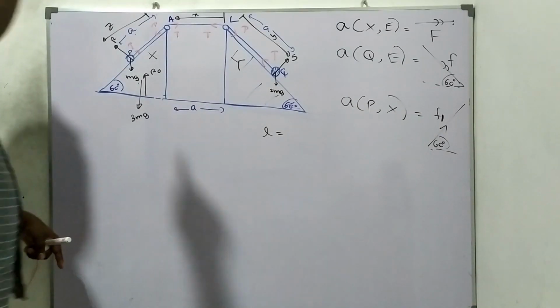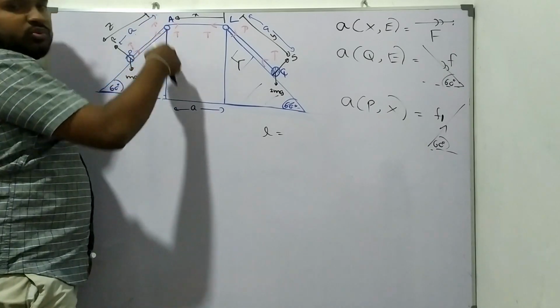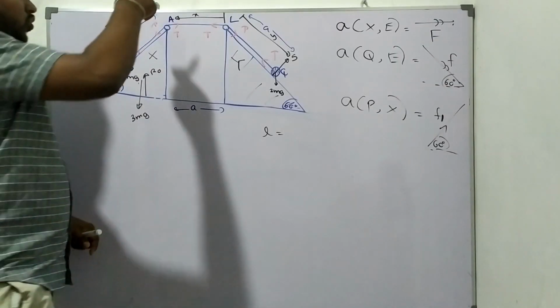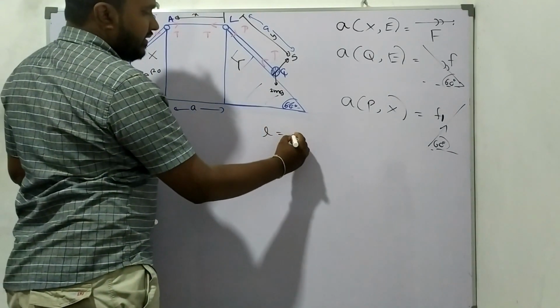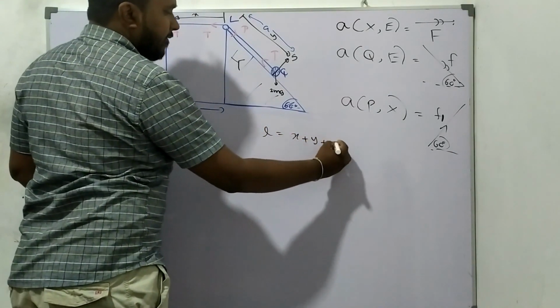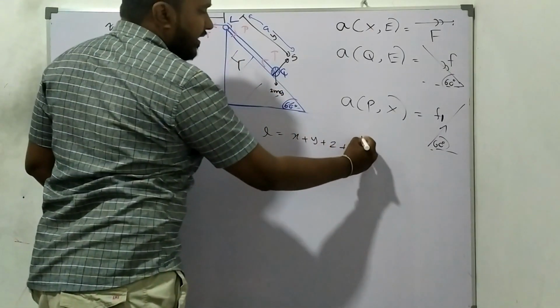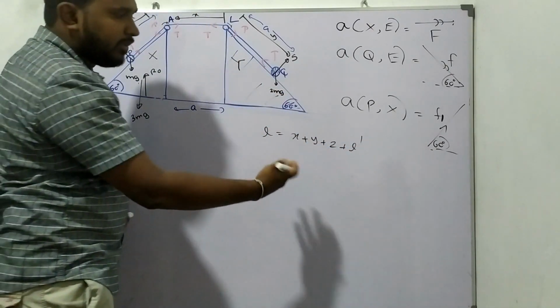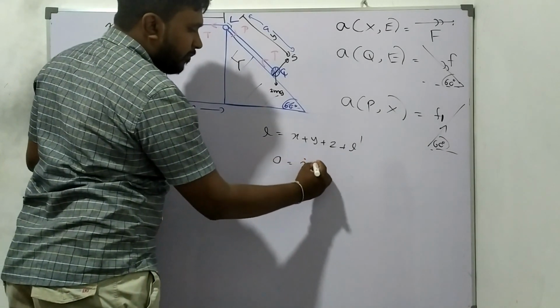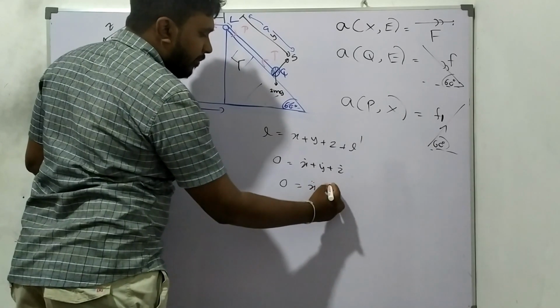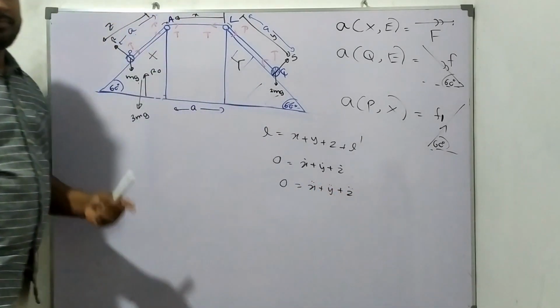This distance is relative to that moving wedge. So x, y, z. Now the addition plus these constants, l dash, and you can differentiate it with respect to time: 0 equals x dot plus y dot plus z dot, x double dot, y double dot, z double dot.